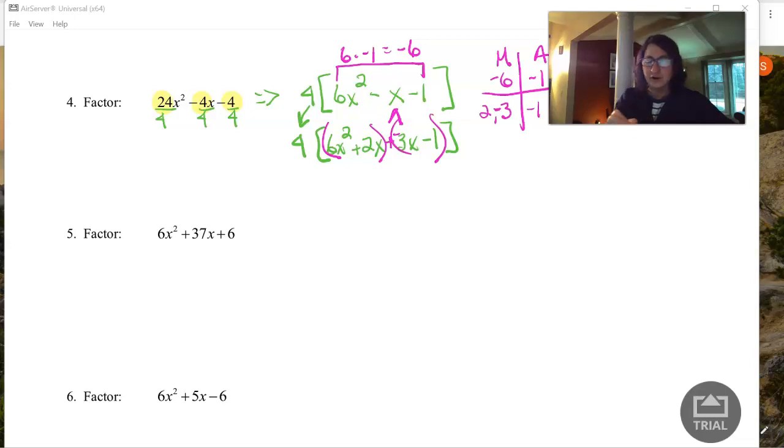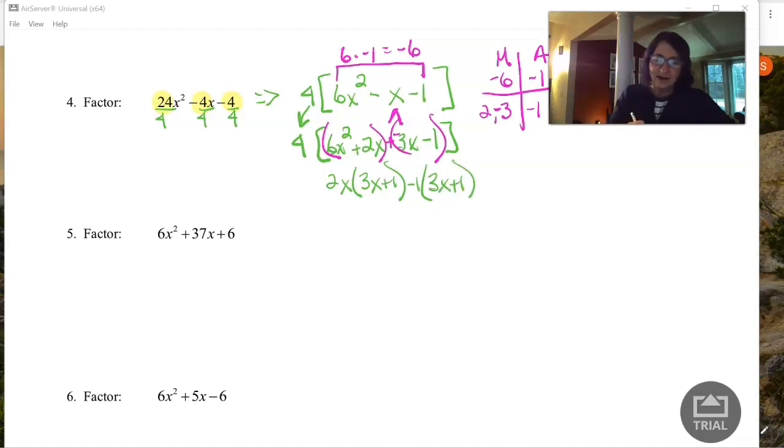Out of that first binomial, I'm going to go ahead and take out a 2x. So I have 2x times 3x plus 1. Out of the second binomial, I'm going to take out a -1. And then I'm left with 3x plus 1.